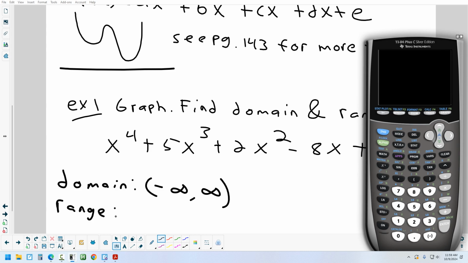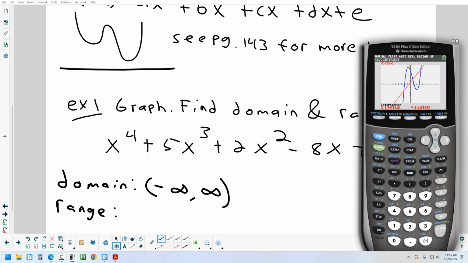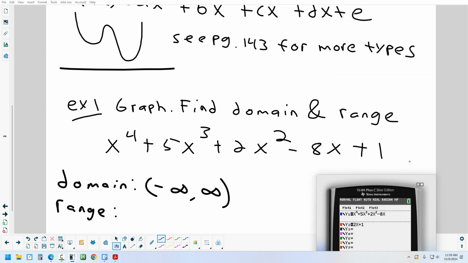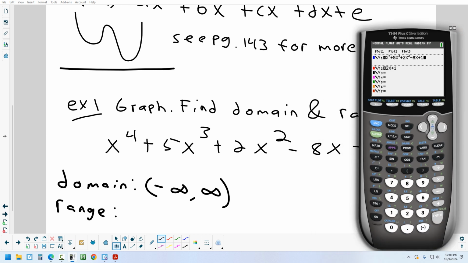And let's find the range. Okay, so for range, we're going to draw it. You don't need any parentheses because this is not a fraction, so just type it in the way you see it: 5x cubed plus 2x squared minus 8x plus 1.